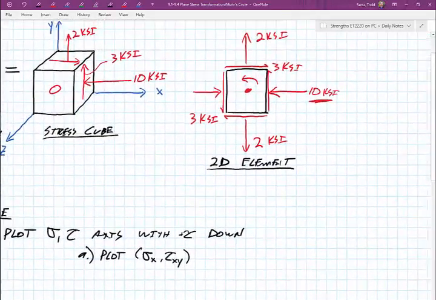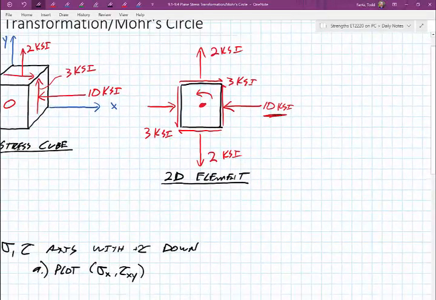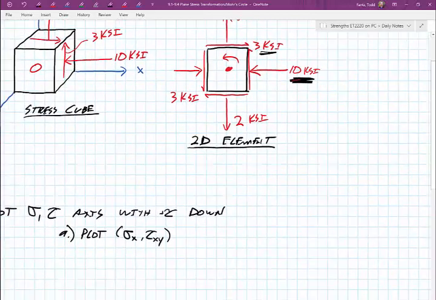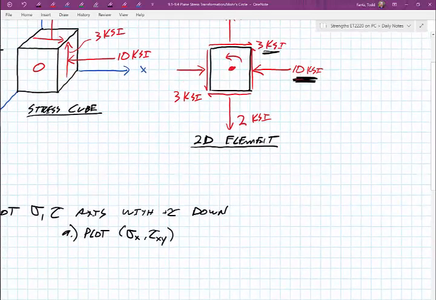Coming up to my 2D element, my sigma x is this 10 KSI. It's actually -10 KSI because it is in compression, and my tau xy is 3. Now technically, with the shear stress, the way I have it drawn right now, we consider that to be a positive shear stress. If those arrows were pointing to the lower right and upper left, then we would consider it negative, but that's a smaller technicality that I wouldn't be too concerned with.